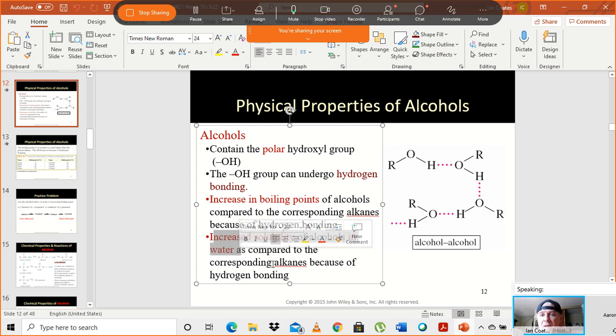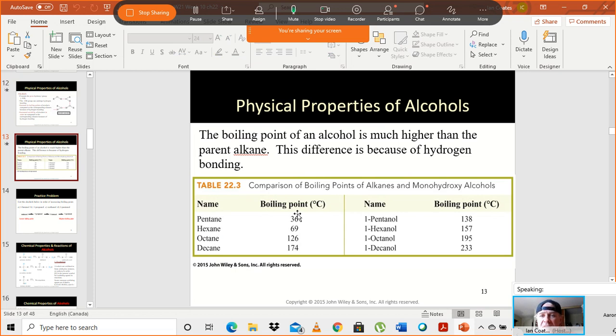Alkanes, pretty much non-polar, but if you stick an OH on the end of it, now it should go into water. And you'll see here, this is a really good one, because I like to use this on a test, and just the reasoning behind it.